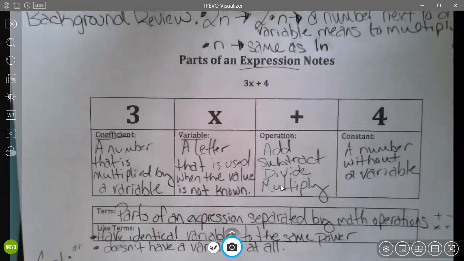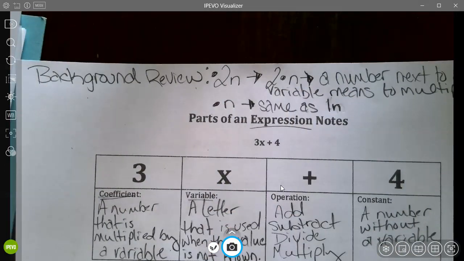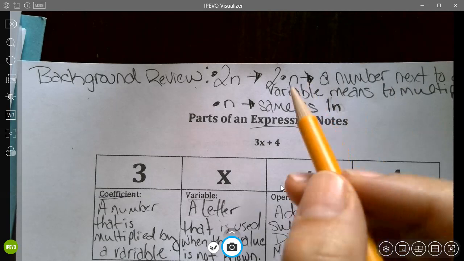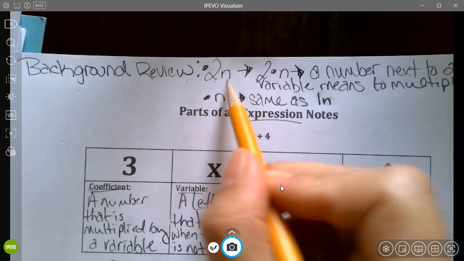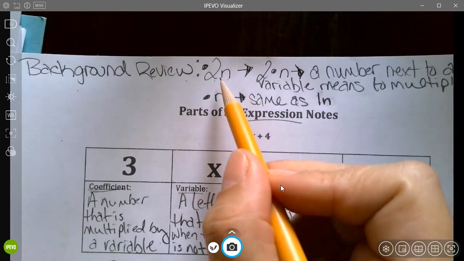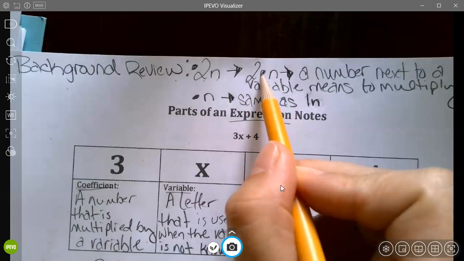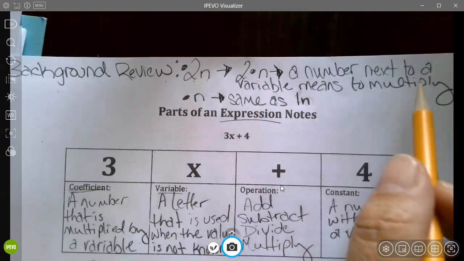Before we start, I just want to apply some of our background knowledge, things that we already know. One of the things is when a number is next to a variable, there's not a math operation in between, it means to multiply. A number next to the variable means to multiply.